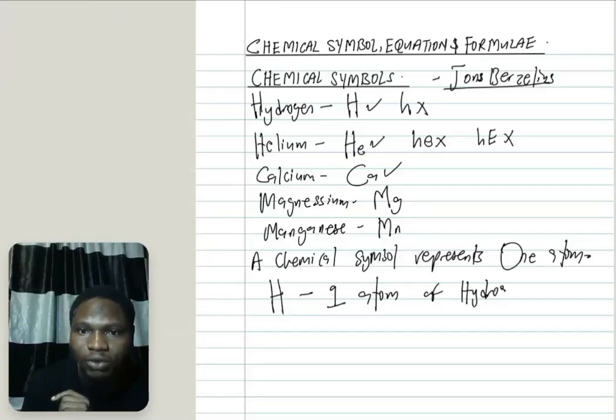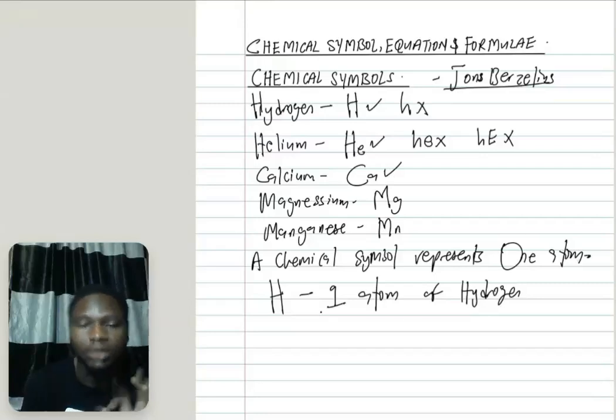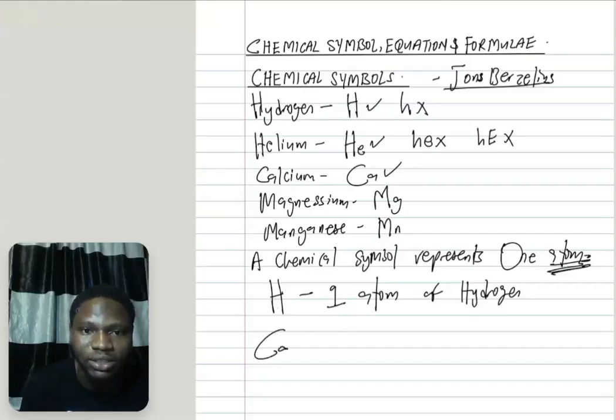For now, take note of atom as the smallest particle of an element that can always exist alone. All together. So this is one atom of the element. Okay, good. So atom, the smallest particle of an element. So this is it. One atom of hydrogen. If I say Ca, this is one atom of calcium. Are you there? And so on like that.